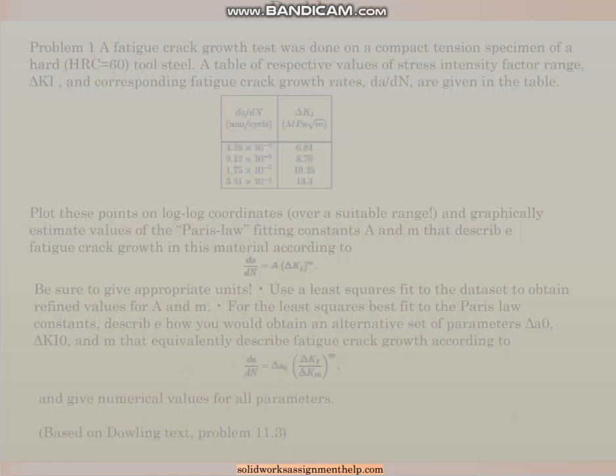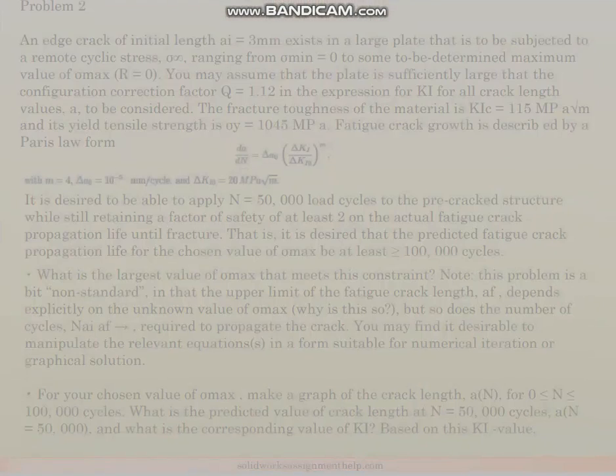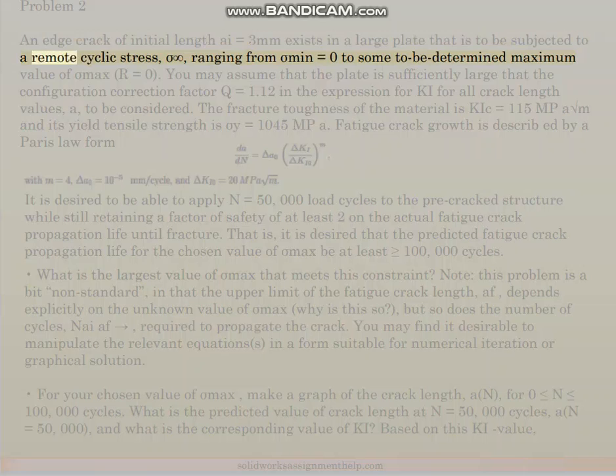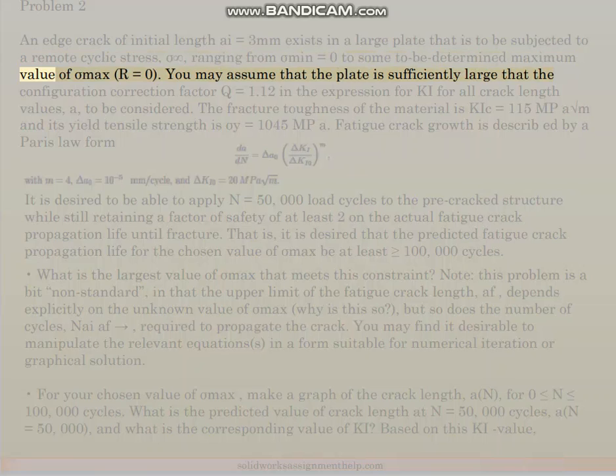Problem 2. An edge crack of initial length ai equals 3 mm exists in a large plate that is to be subjected to a remote cyclic stress, sigma infinity, ranging from min equals 0 to some to-be-determined maximum value of sigma max, R equals 0.